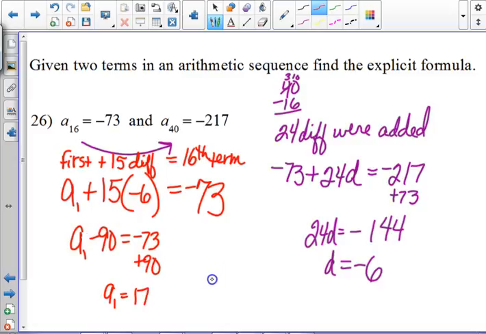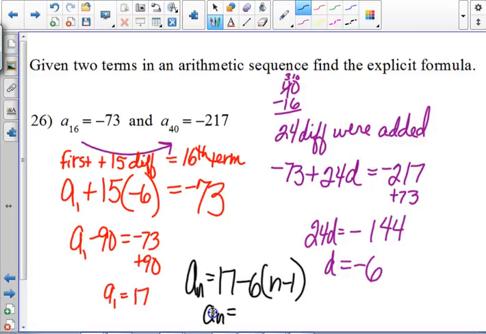Camden, you get 17? That's what I heard. I got that too. Okay. Anybody write the formula for us now? 17 minus 6n plus 6, 23 minus 6n. Yep.